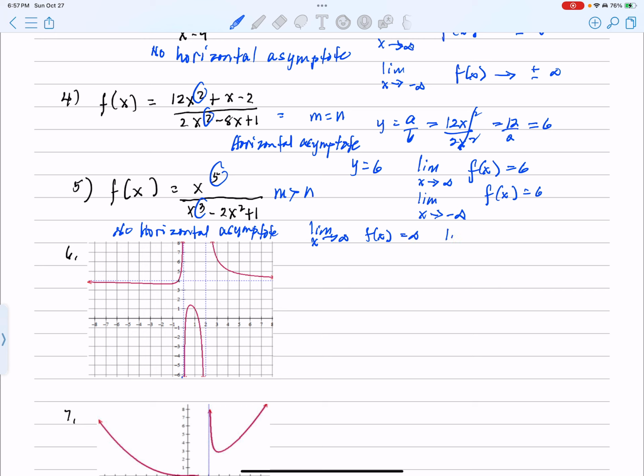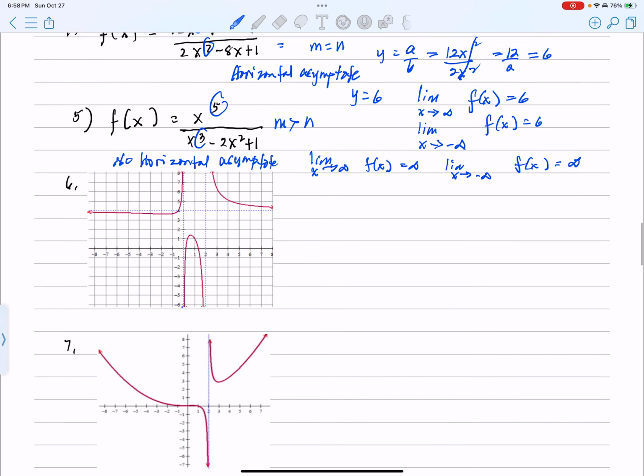The limit as x approaches negative infinity, our f of x here would be negative infinity, since there is no asymptote.